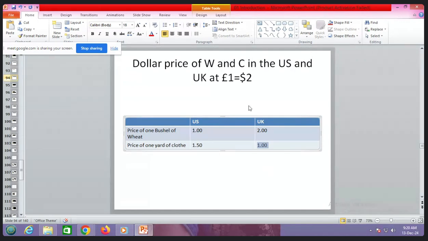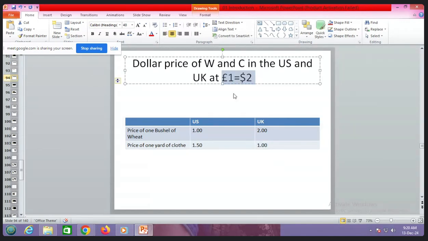Now it all depends on the exchange rate that we have fixed here. Okay. Now if we change the exchange rate, suppose the exchange rate is not £1 to $2. Like you saw in the last lecture, I had given the range of commodity exchange, that 6 wheat will be exchanged anywhere between 4C and 12C.